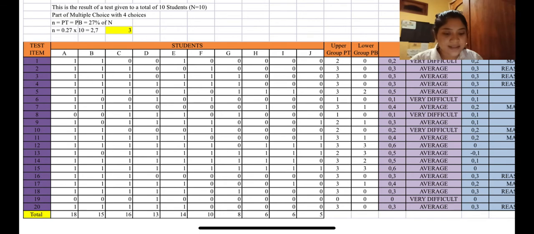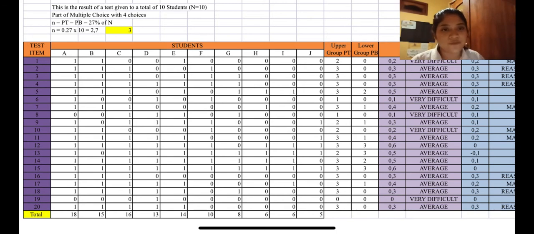In the result of our item analysis table, the upper group counts we got from the top 3 are 2 3 3 3 3 1 3 1 2 2 3 3 2 3 3 3 3 3 0 and 3.